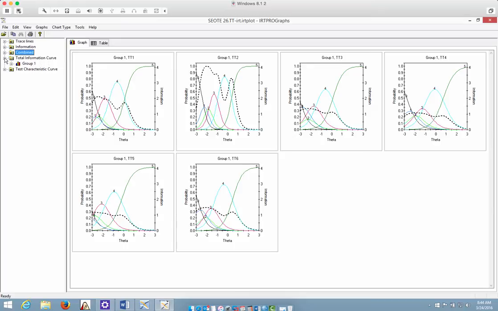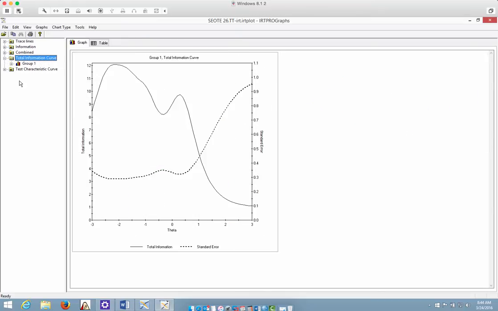So then we can look at the total information curve. And this is the total information provided by all 6 items. And again, the characteristic of these 6 items is it does a pretty good job of assessing lower levels of agreement. But when we get to the higher levels of agreement, we see that our information tails off.